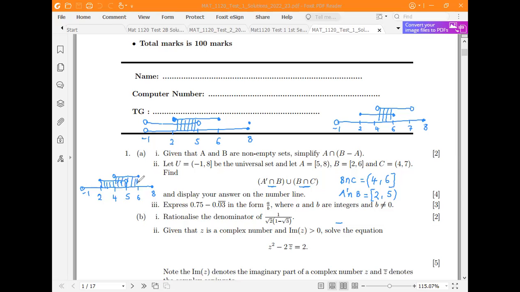So the union of these two, A complement intersection B union B intersection C, is equal to 2 to 6. So that's how you finally get the union.